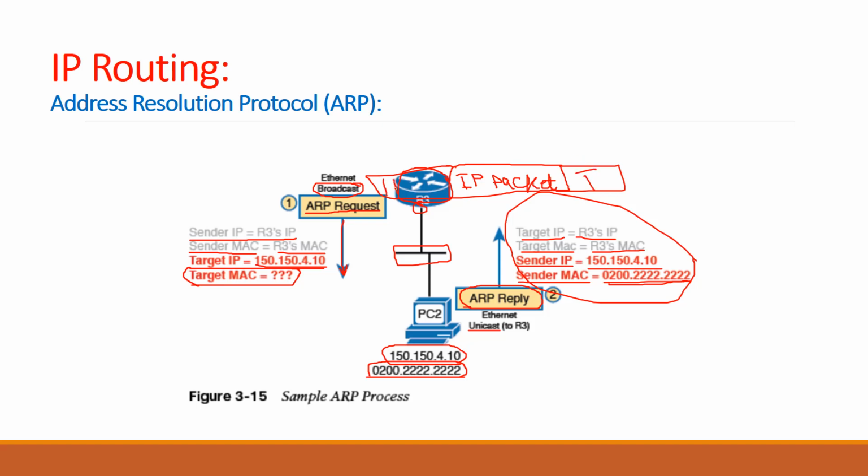This is the header and trailer, and the header contains the source MAC of R3's interface, and it contains the destination MAC learned through ARP, and R3 can send this frame to PC2 as a unicast, and switches in between can make a decision based on the destination MAC.